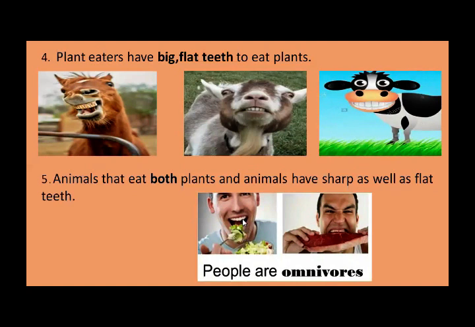We can eat fruit, yes, and we can also eat meat. So we humans are an example of omnivore, and we have both types of teeth, sharp teeth and flat teeth, because we are omnivore.